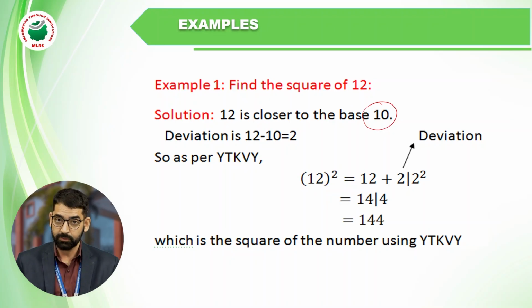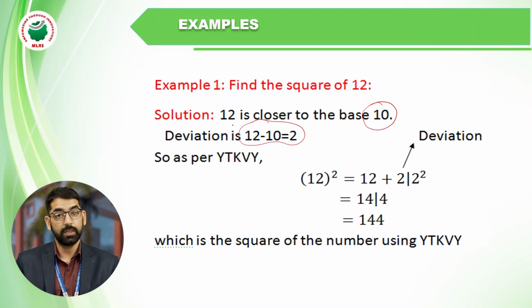Now, the second thing we need to do is find the deviation. Originally, the number is 12 and the base is 10. So 12 is 2 units greater than the base 10. Here 12 minus 10 is 2, which is the deviation.